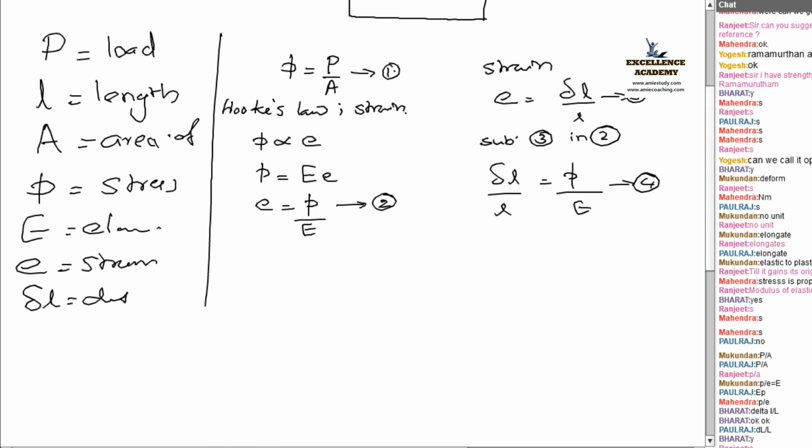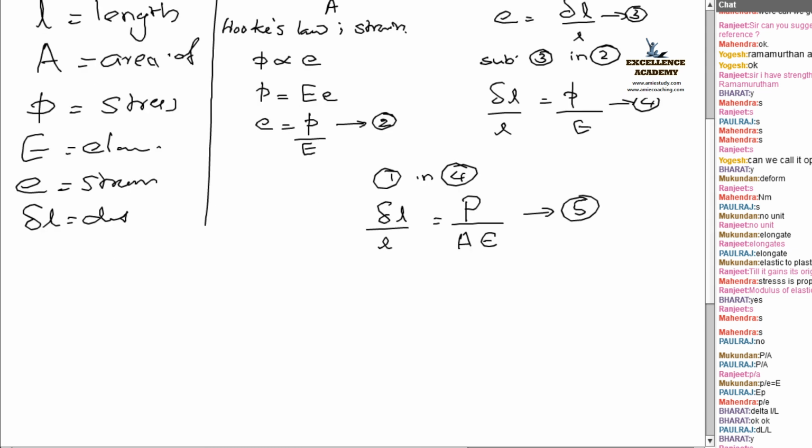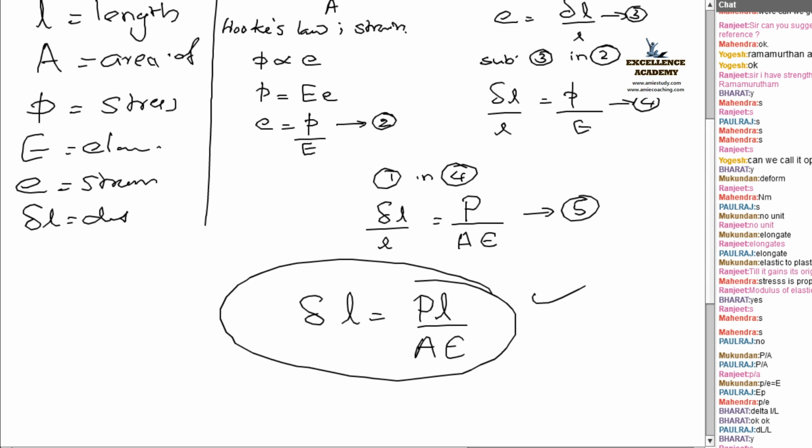Next, substituting 1 in 4: delta L by L equals, instead of small p, we can write capital P by AE. Rearranging this equation number 5, we will get the equation for finding the deformation, that is PL by AE. Clear to all?